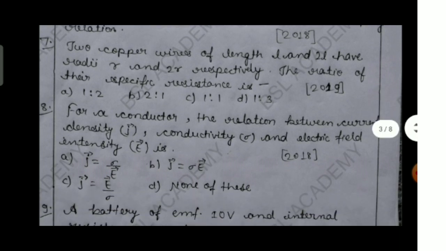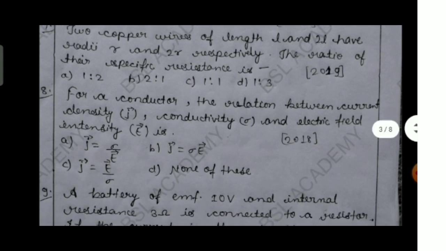Now next, for a conductor, the relation between current density J, conductivity sigma, and electric field intensity E is: option A J equal to sigma by E, option B J equal to sigma E, option C J equal to E by sigma, option D none of these.